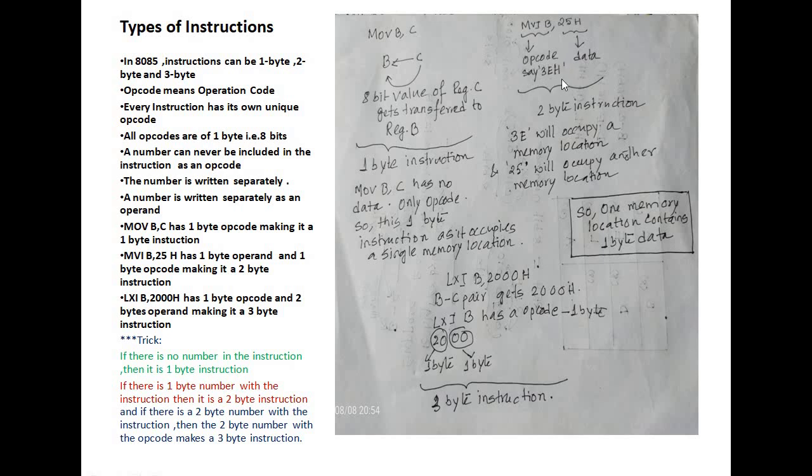One memory location, 1 byte instruction. And this 25H, the operand, is 1 byte data, that is 8 bit data. So both of them will occupy how many memory locations? 2 memory locations, 1 for the opcode and 1 for the 8 bit data. So that is why it is called a 2 byte instruction. Clear?